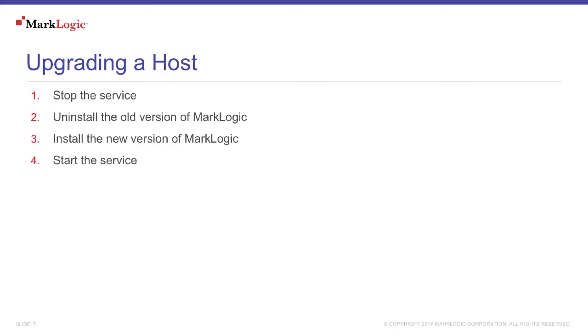Then go ahead and install the new version. Remember that jumps from 8.0-6 to 9 are currently supported. Once the new version of MarkLogic is in place, go ahead and start the service. Now these steps need to be performed on each host in the cluster individually and could be scripted.